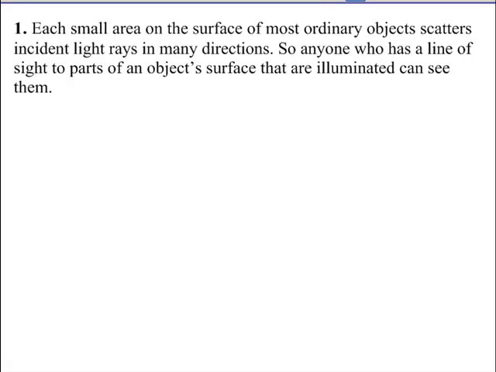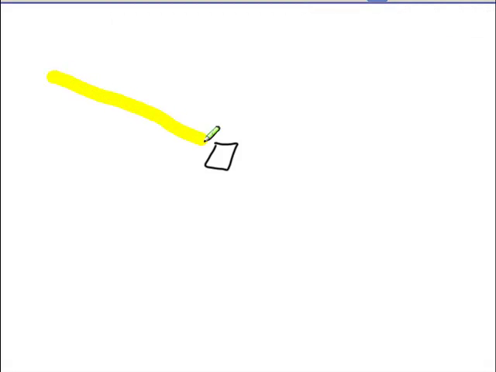In other words, if I have a totally dark room and I have just this little square of paper somewhere, and then I shine a light on it. Light comes in one direction. For most objects, that light will shine out in all directions after it's reflected off of the object.